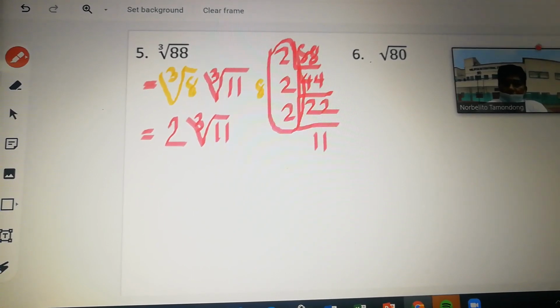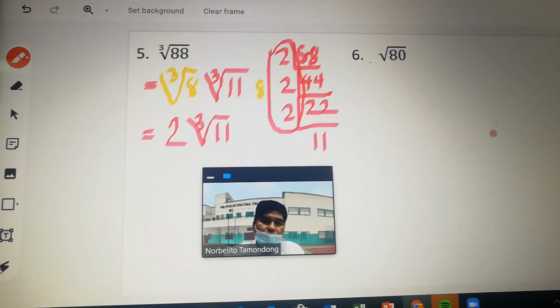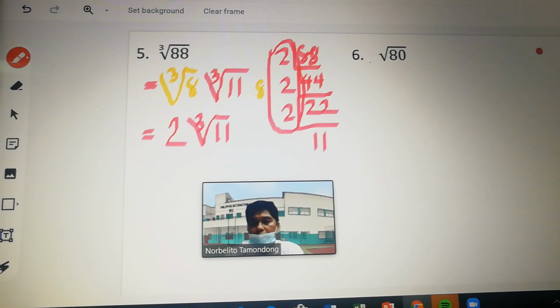Okay, so next is square root of 80. So again, let's factor the radicand, which is equal to 80. What are the factors of 80? So 80 divided by 2, 40.